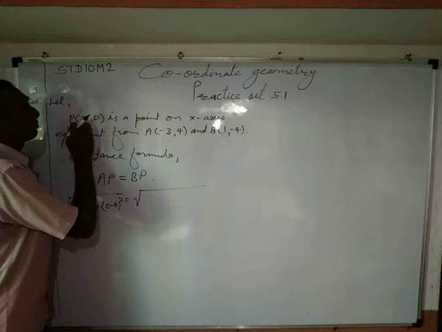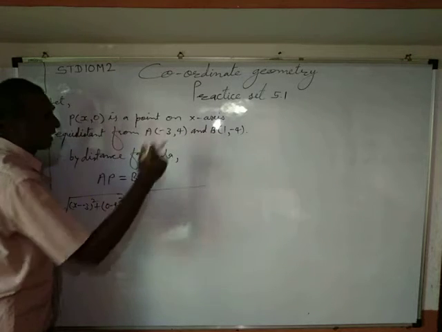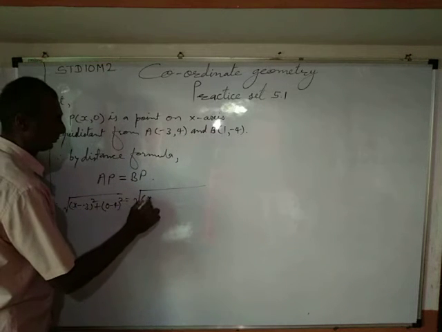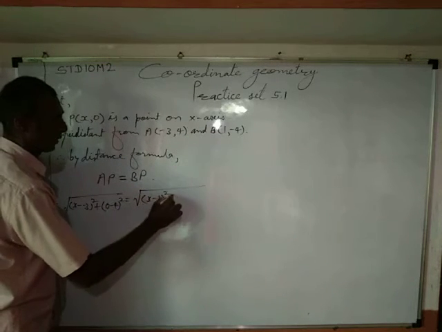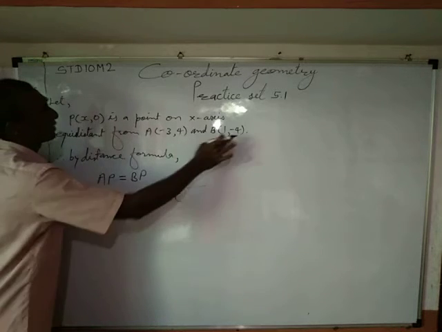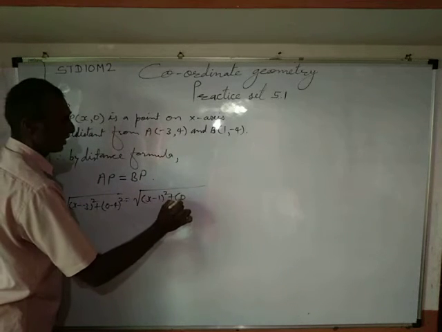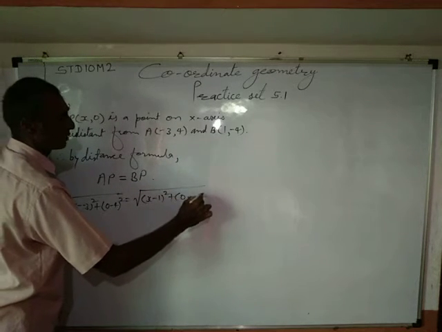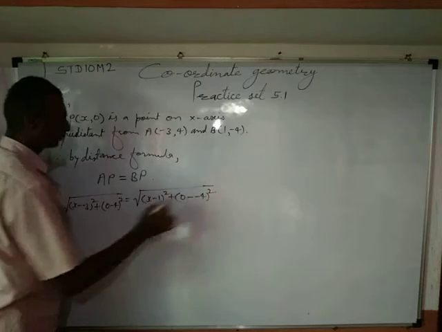Therefore x2 minus x1 means x minus minus 3, its square, plus y2 minus y1 means 0 minus 4, its square, equals BP. For distance BP, B will work as x1, y1 and P will work as x2, y2. Therefore x minus 1 its square, plus 0 minus minus 4 bracket square.